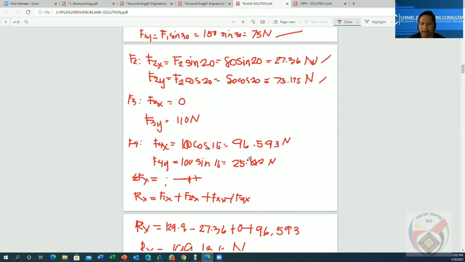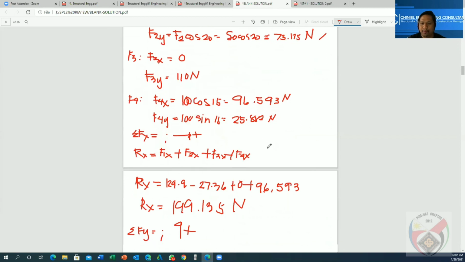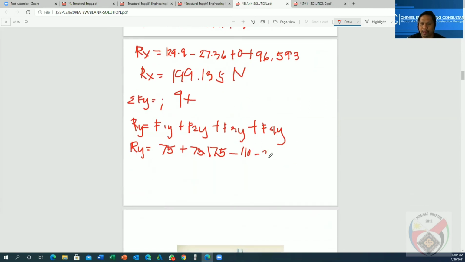So F4y is 25.882. So Ry equals 14.293. Is it positive or negative? Positive. 14.293 Newton.